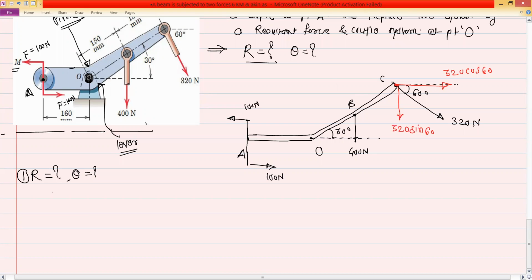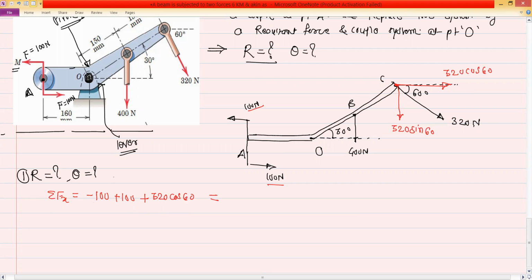Okay. So take summation Fx, which is equal to, first, 100 Newton acting in the negative x, so this is minus 100. Second is 100 Newton, so this is plus 100. So net effect will be 0. Then next is 320 cos 60, so plus 320 cos 60.